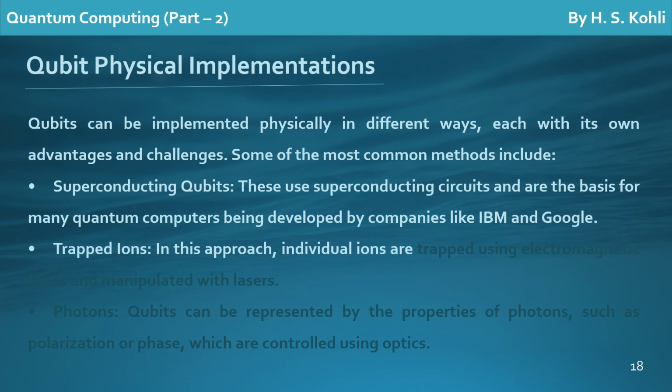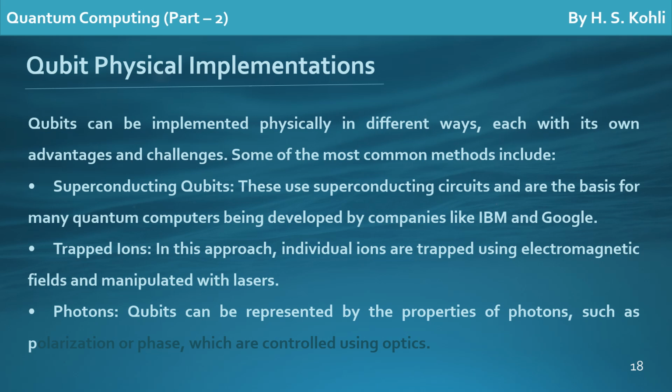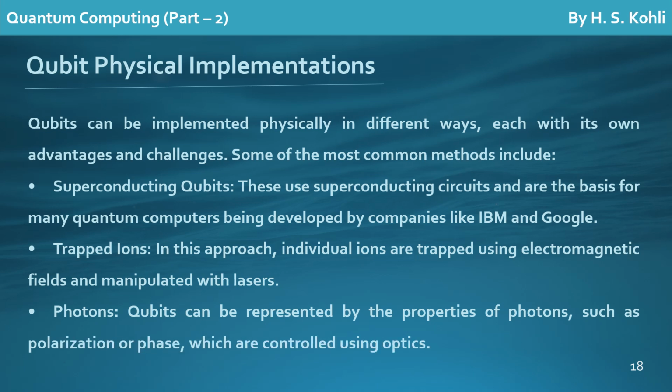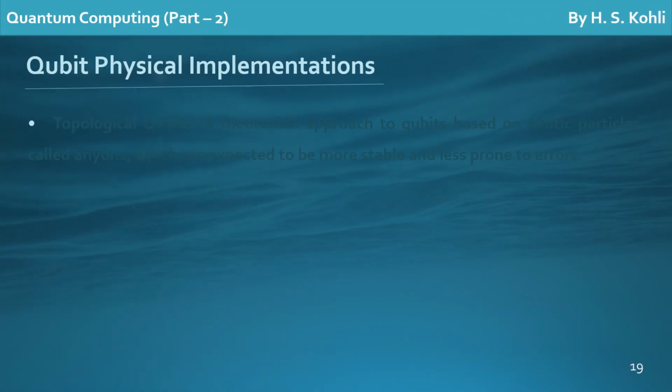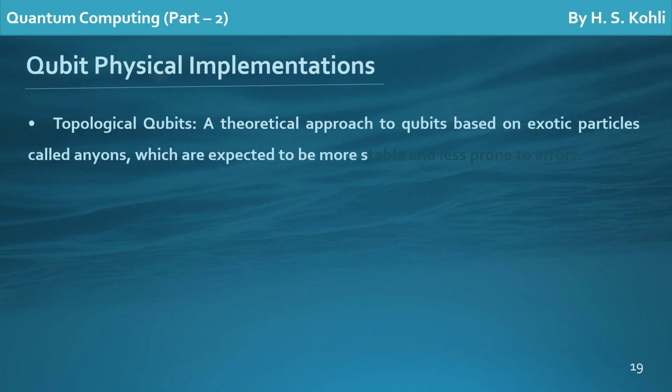In this approach, individual ions are trapped using electromagnetic fields and manipulated with lasers. Photons. Qubits can be represented by the properties of photons, such as polarization or phase, which are controlled using optics. Topological qubits. A theoretical approach to qubits based on exotic particles called anyons, which are expected to be more stable and less prone to errors.